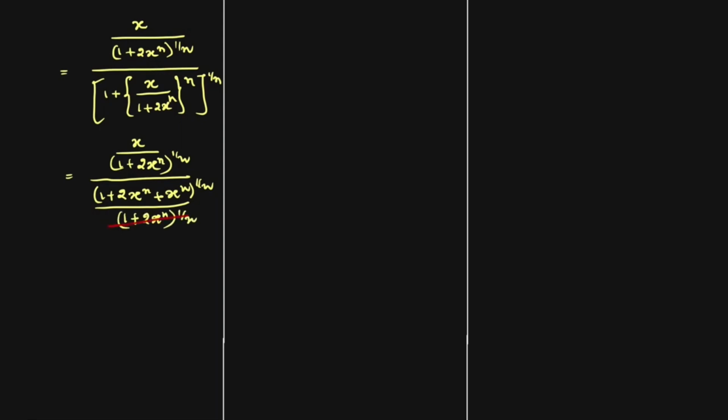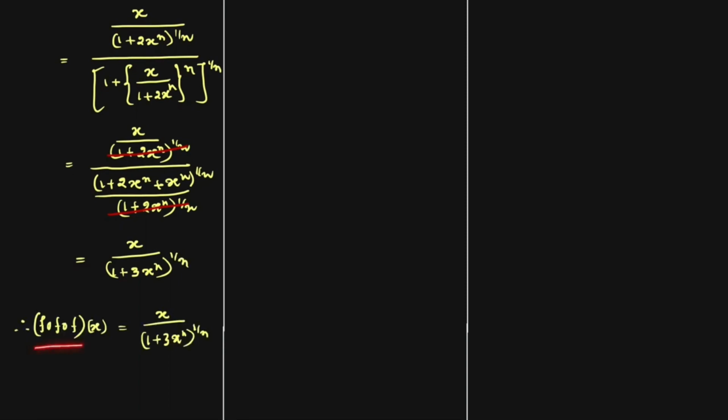So this and that cancel again, then we will get x upon (1 plus 3x to power n) to power 1 by n. So therefore this is equal to x upon (1 plus 3x to power n) to power 1 by n.